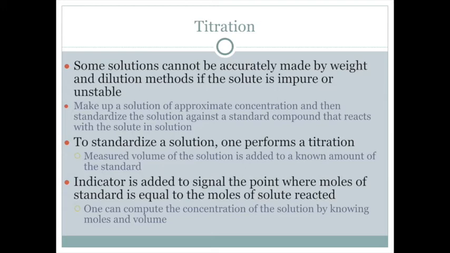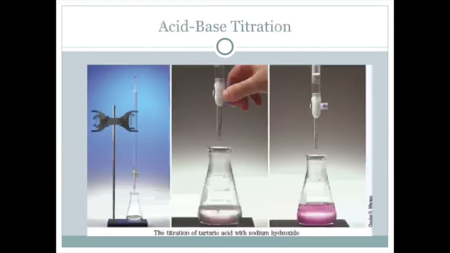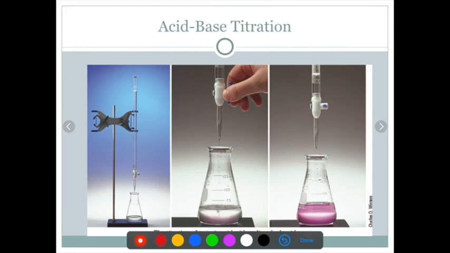So I'm going to jump to this picture. Okay, the setup looks like this. Okay, and we're going to be doing an acid-base titration. So your acid is going to be in the flask. So down here is your acid, and your base, this pen, is going to be in the burette.